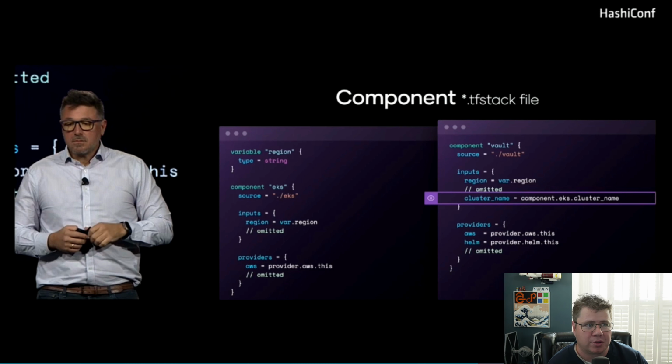We got resource, we got data source, we have module, now we have component, right? And when I first looked at this, I was like, why don't we just do this with a module? This looks exactly like a module. Why don't we just call it a module? But there must be something happening at a higher level than a Terraform apply where this component is being picked up and treated differently than a module would, right?